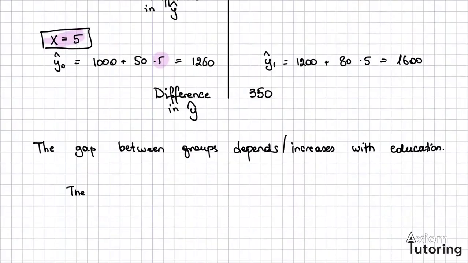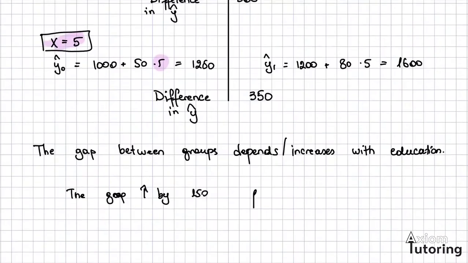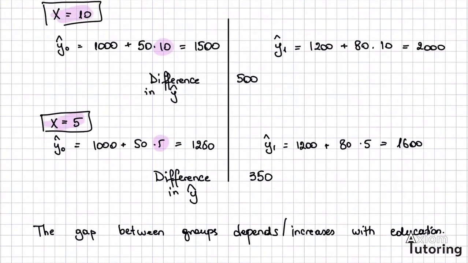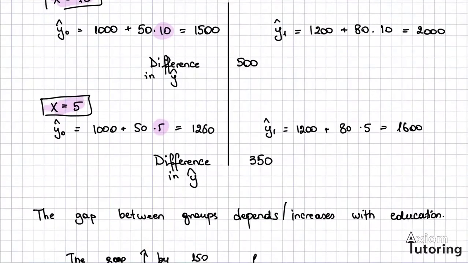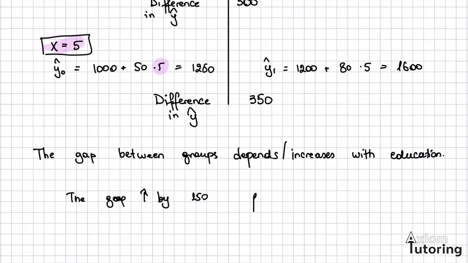Which is exactly our beta in front of the x. And if we generalize it for the other group as well, it would be basically what's in front of your beta 3.